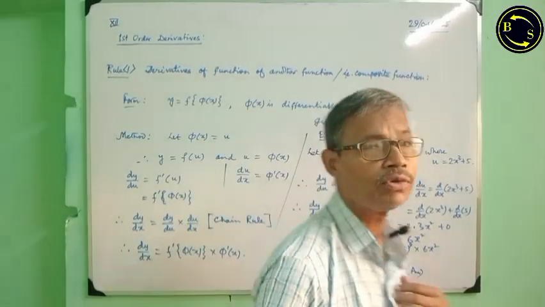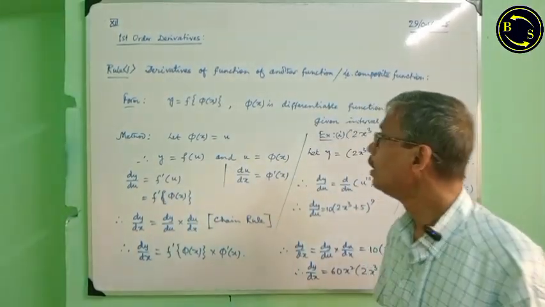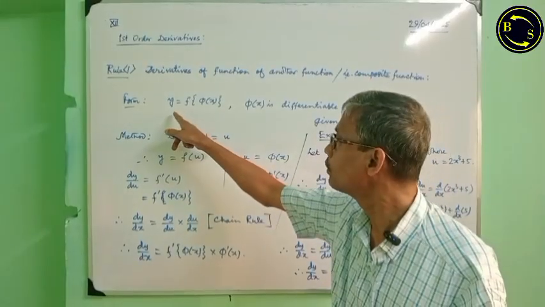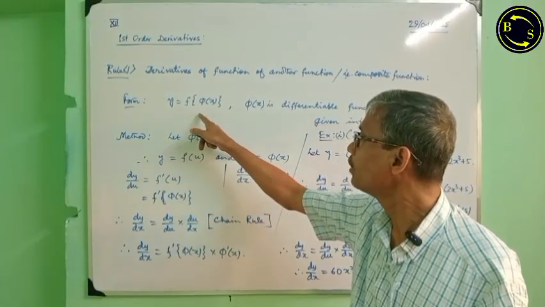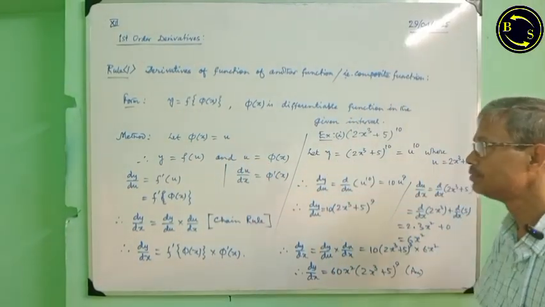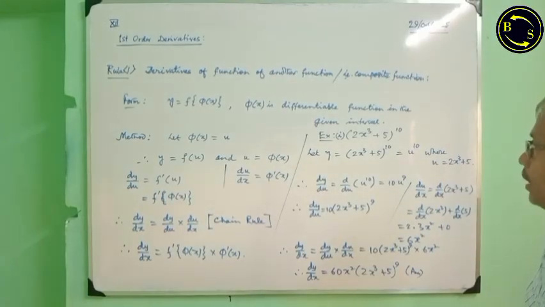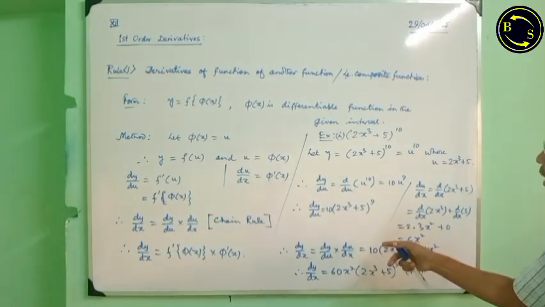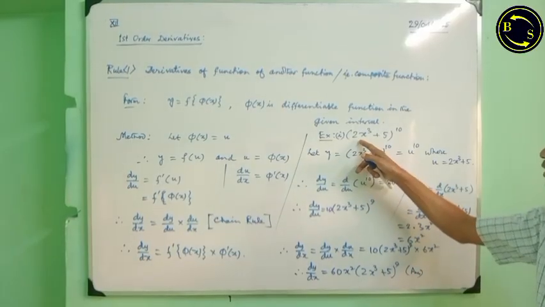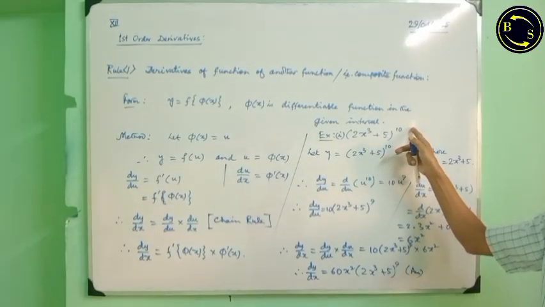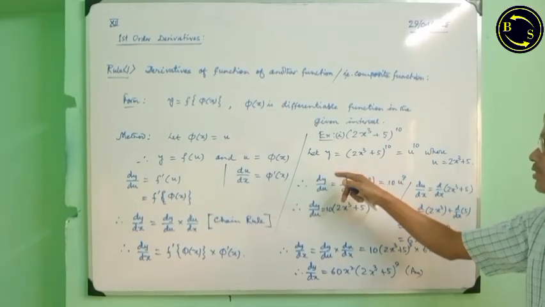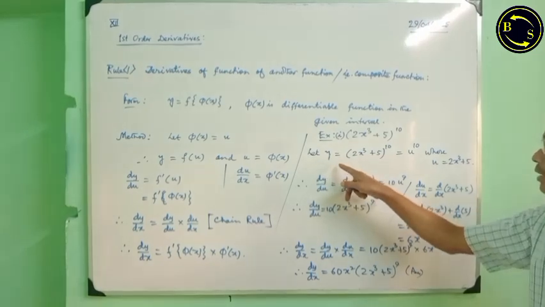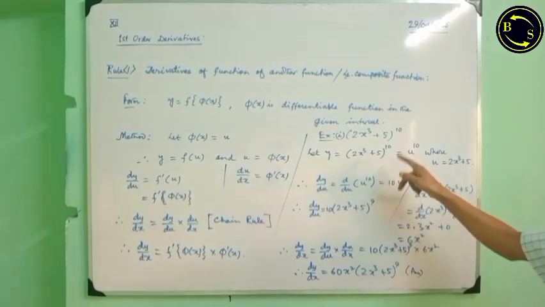Thus, students, you follow. If you get a function of this form, y is equal to f of another function, then we have to use chain rule. I have taken here one example, 2x cube plus 5 whole to the power 10. If I take this as a function y, then y equal to this one.